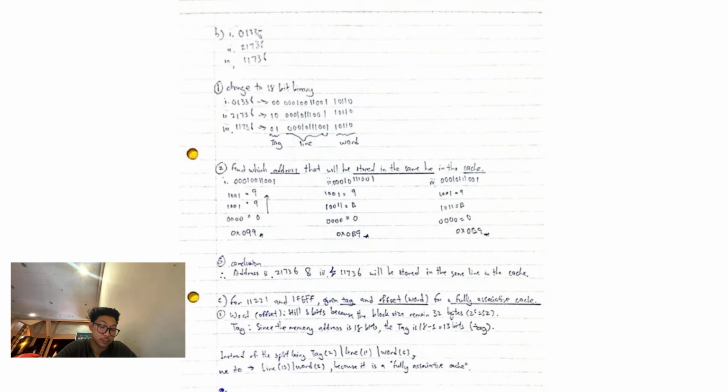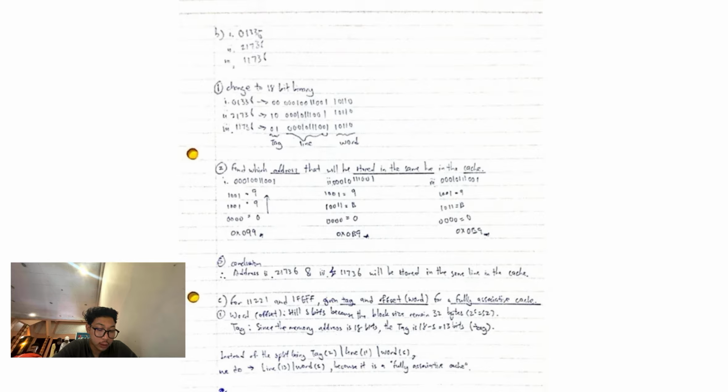For C, 11221 and 1FEFF, given tag and offset, in other words word, for a fully associative cache. First step, word still remains 5 bits because the block size remains 32 bytes, which is 2 to the power of 5, equal to 32.